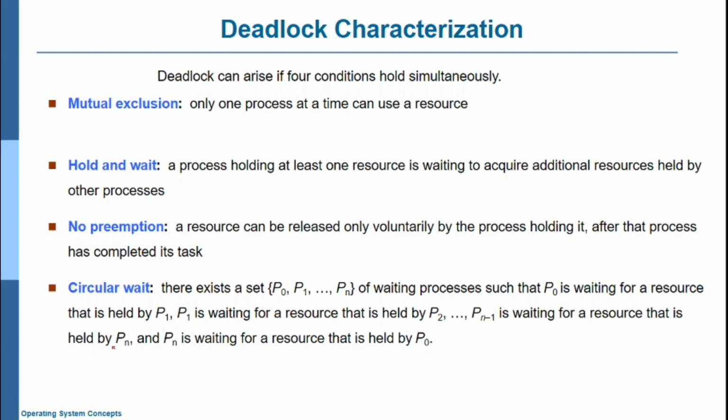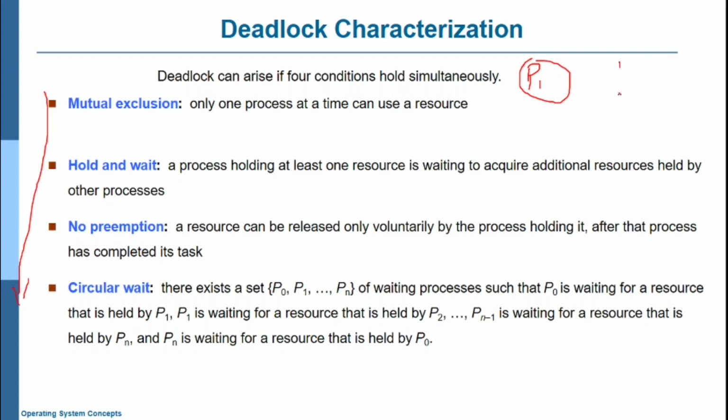Deadlock can arise if four conditions hold simultaneously. So when we say process P1 has got a deadlock, if all these four hold simultaneously, then we can say the process is in deadlock.